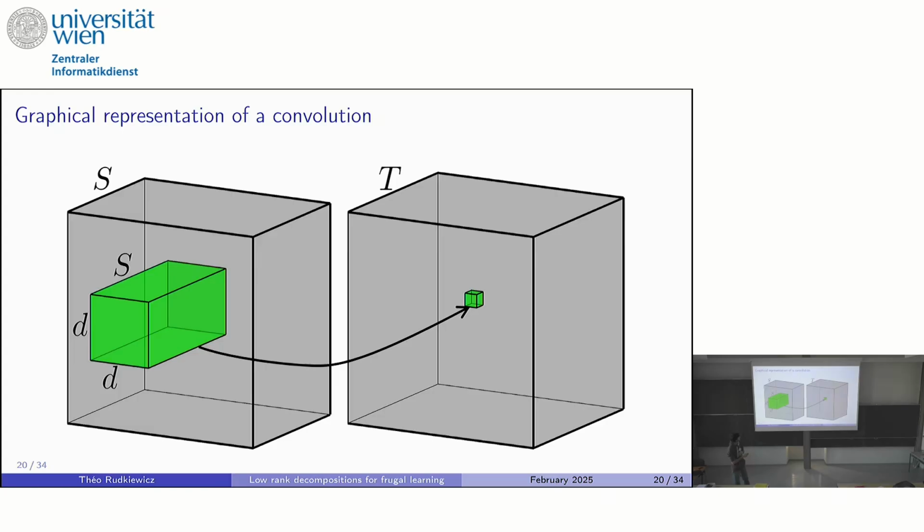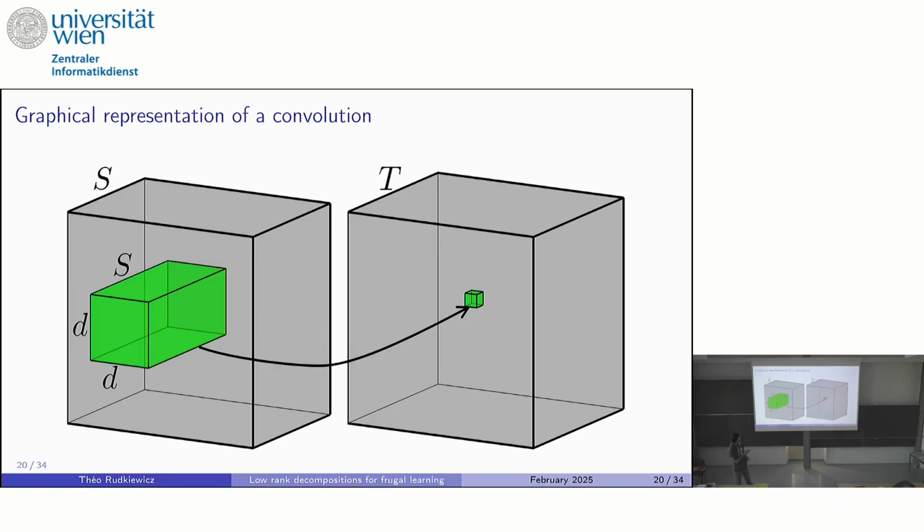And the convolution is parameterized. So for one output channel, we have a block that is the size of a part of the image, and we slide the block along the image, and for each position of the block, we have an output pixel that is the result of multiplication of each value in the block by each value covered by the block in the image.